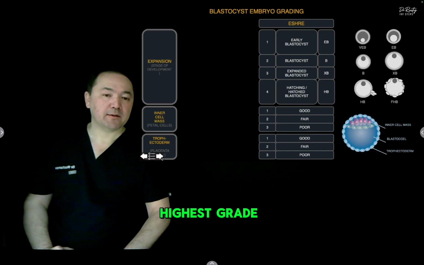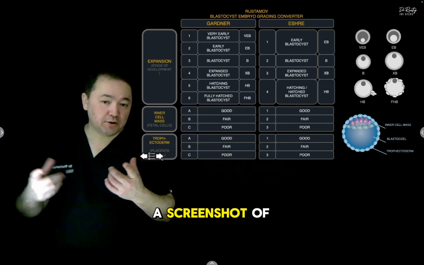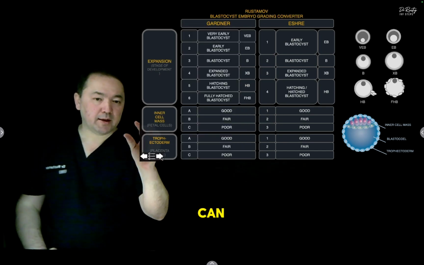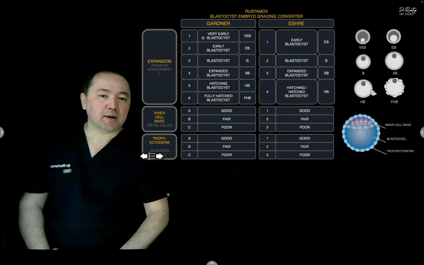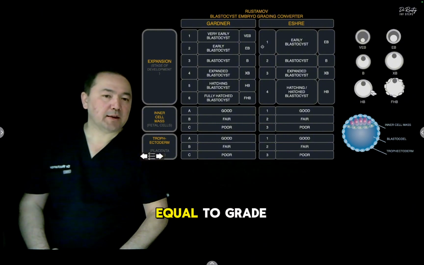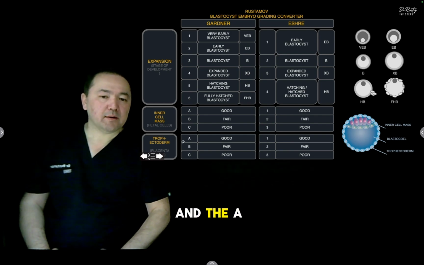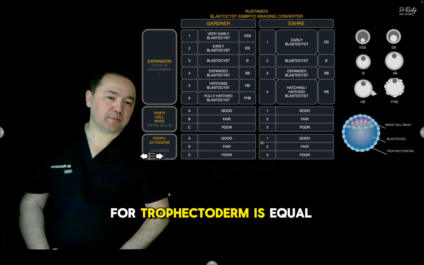being highest grade. Here you can take a screenshot of this slide so that you can compare 2 gradings against each other. Let us say for Gardner system, grade 1 and 2 is equal to grade 1 on ISHRI system. For expansion, A is equal to grade 1, and A for trophectoderm again equal to grade 1.